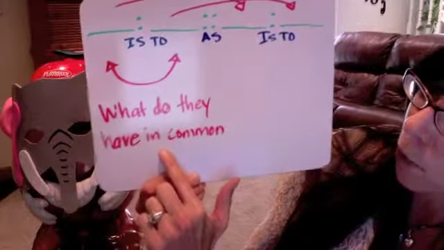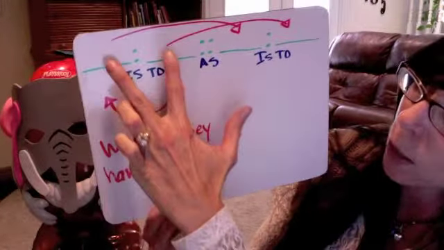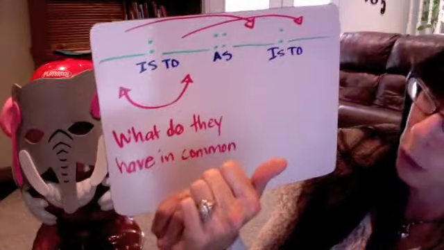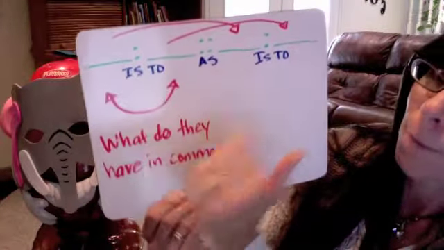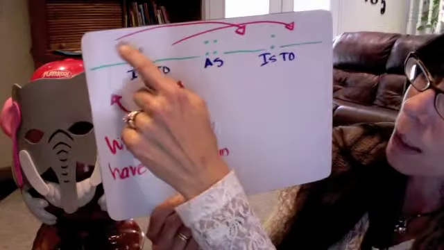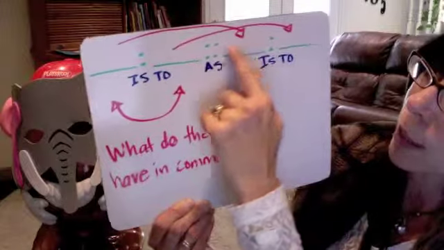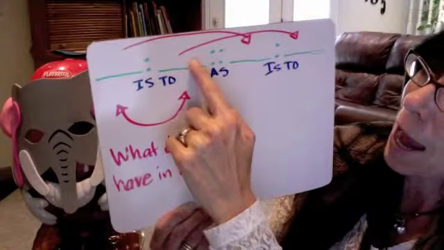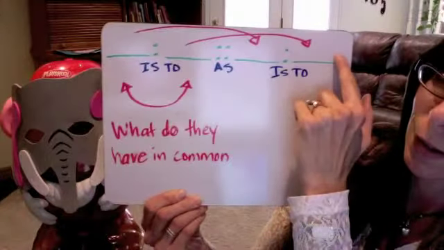You're asking yourself, what do they have in common? What do these two words, and I know they're blank right now, but I'm going to put up some words in a minute. You're asking yourself, what would these two have in common? Once you figure out what they have in common, you are going to think to yourself, well, this blank has to relate to this first blank, and the second blank has to relate to the second blank on this side.